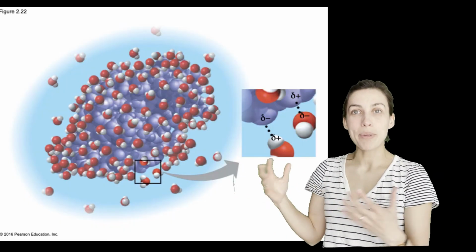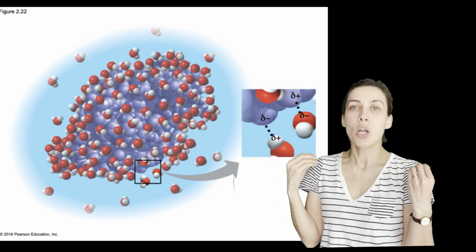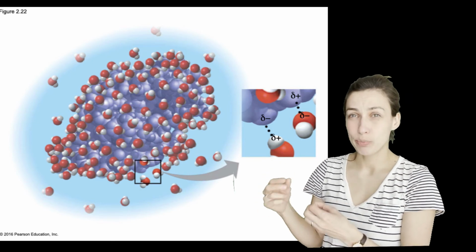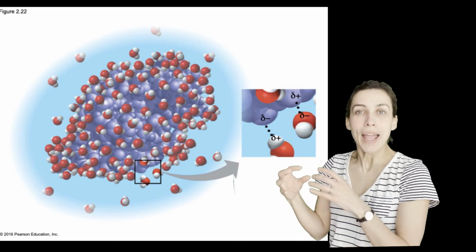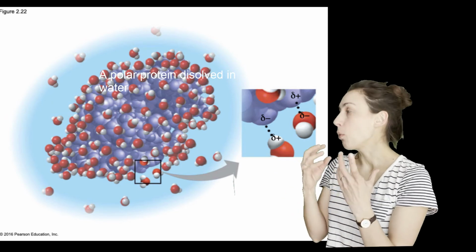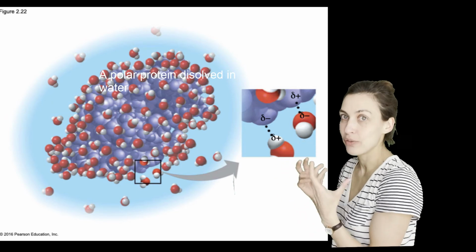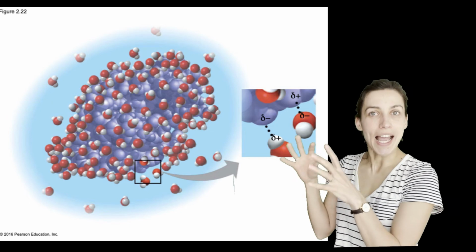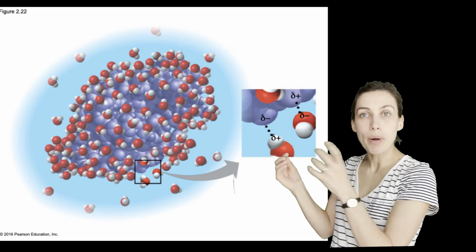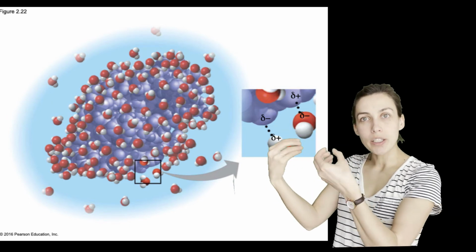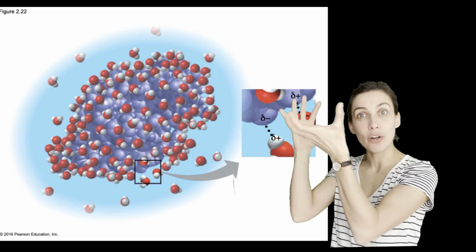This purple blob is representing a large organic molecule in our body, probably a large protein, and it can exist in a watery interior of a cell because it has these polar parts that water can become attracted to and therefore surround.